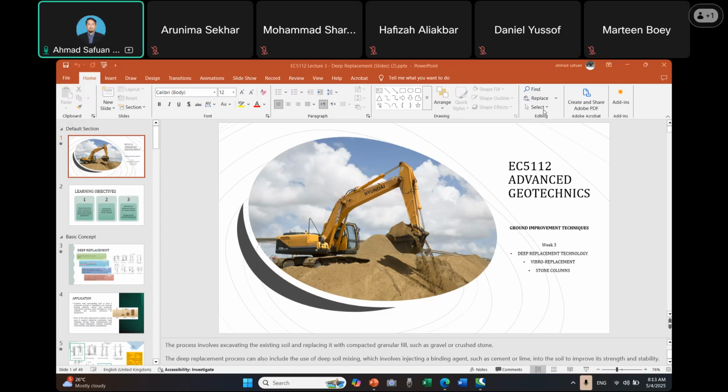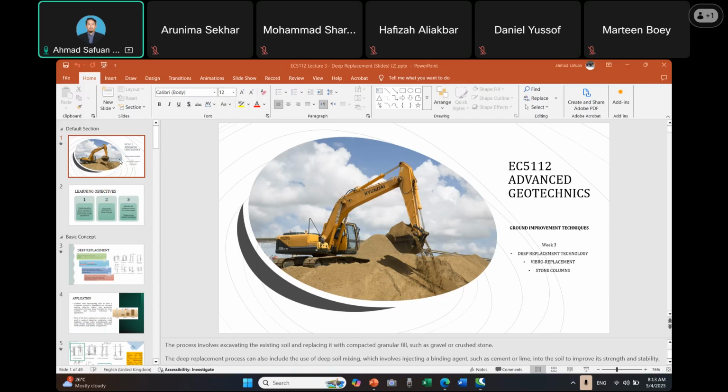For example, the waste product from the palm oil industry is used as part of the stabilizer. So that is a deep replacement technique.